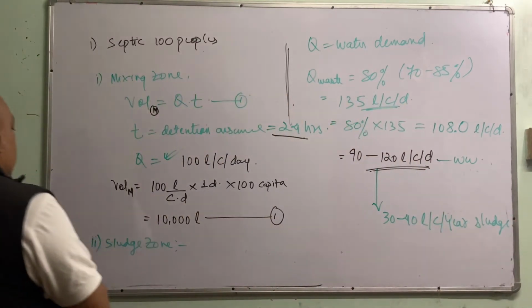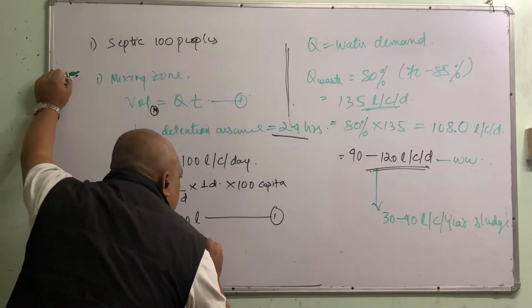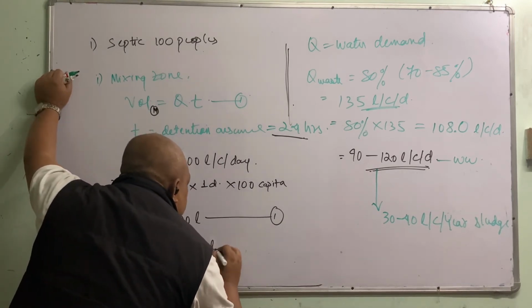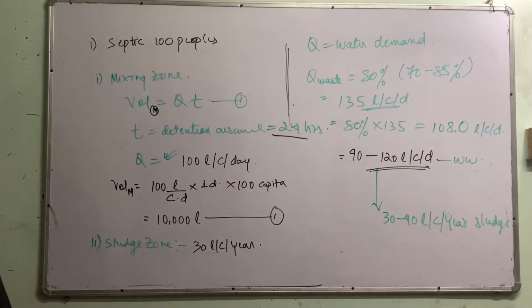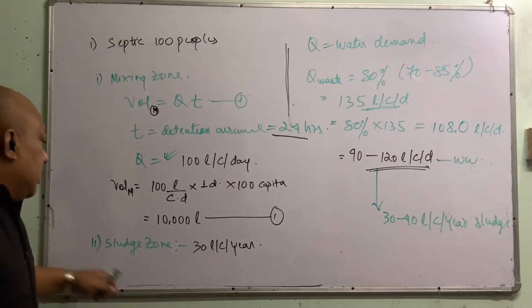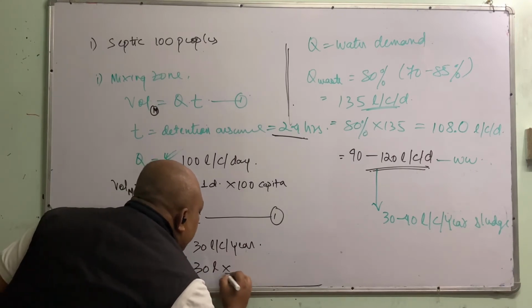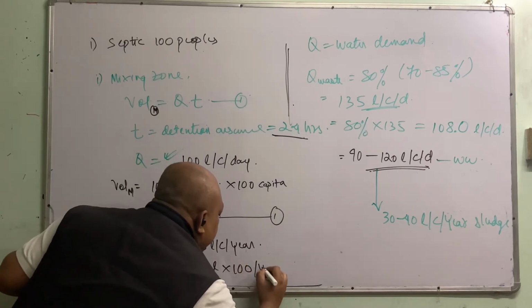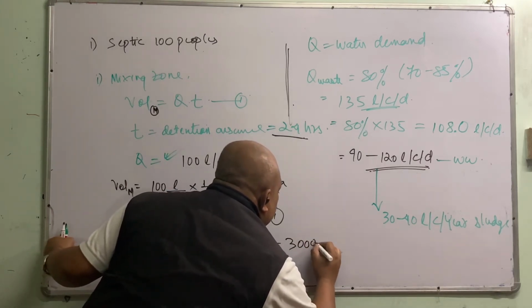So in the sludge zone, let's say 30 liters per capita per year. Now see, it's equal to 30 liters into 100 persons per year. This is equal to 3000 liters per year.